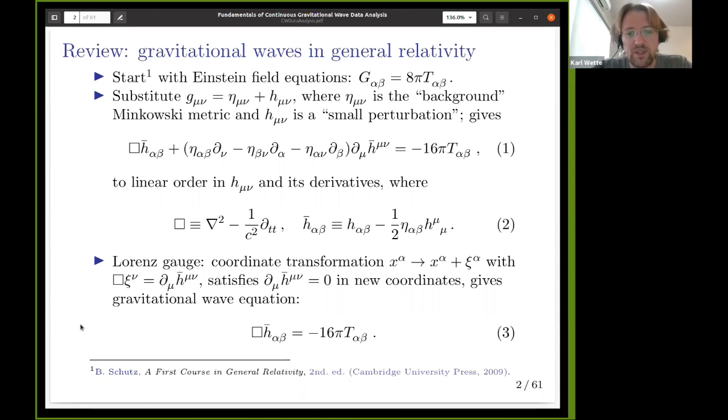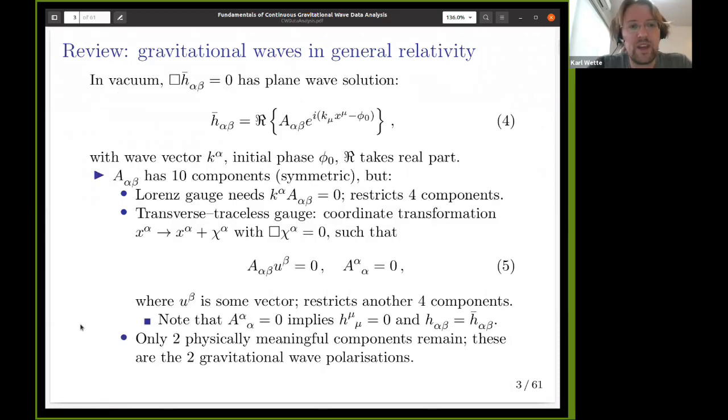So we end up with equation 3 in this coordinate frame. This is usually called the gravitational wave equation, and you can see it's a nice simple wave equation. We have the wave operator applied to the little perturbation h on the left hand side, and on the right hand side we have the stress energy tensor.